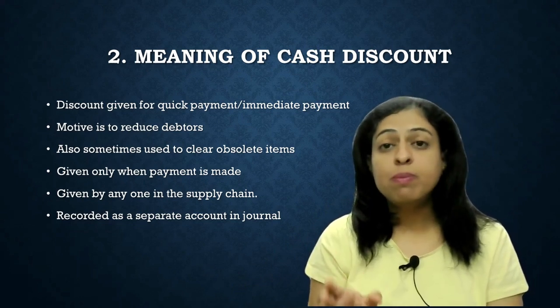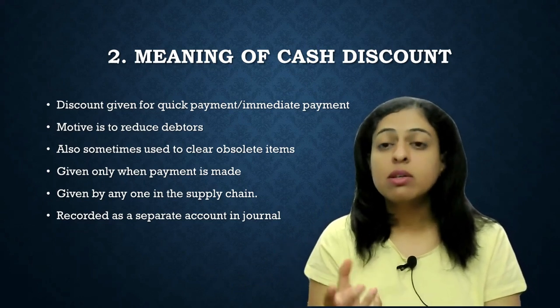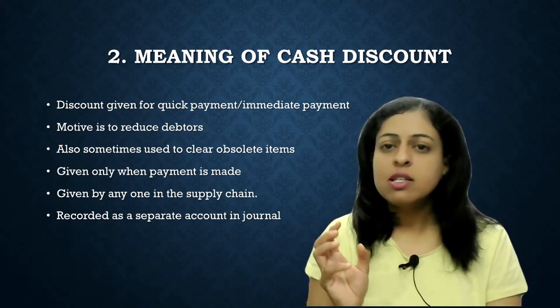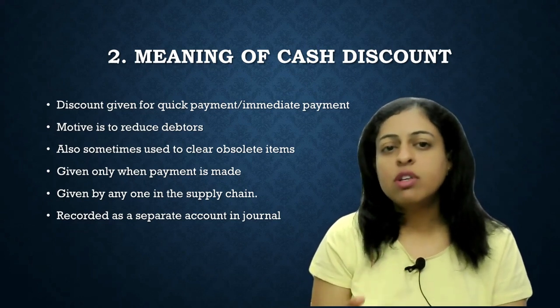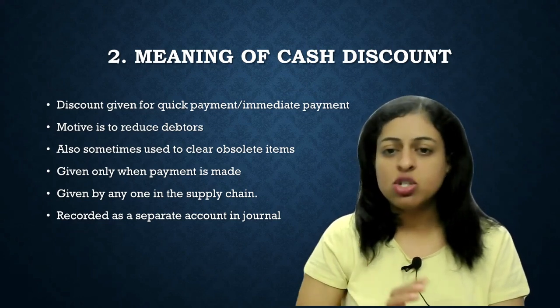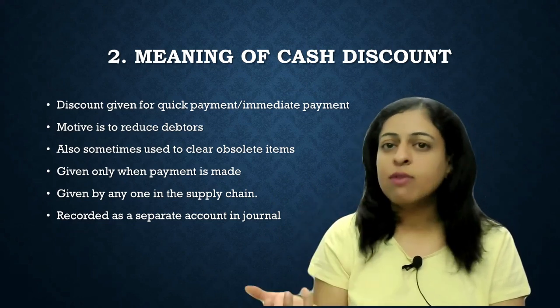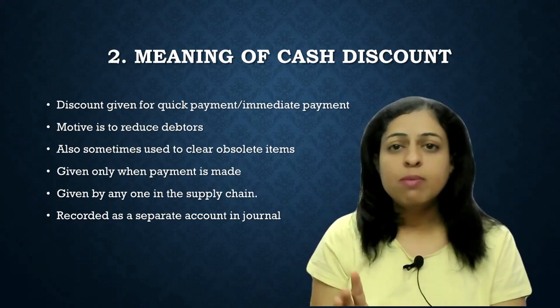Debtors are the people whom you will be getting money from. That is, these are the business receivables, receivables against your credit sales. So if you want to realize these quickly, definitely you will give them cash discount. You will say pay fast. If you make the payment fast, I will give you a discount, right? Then it is given only when the payment is made.